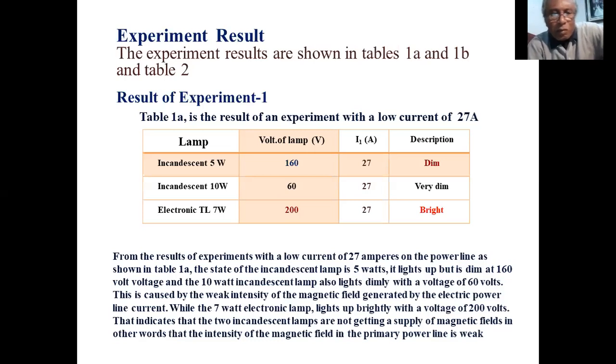This is caused by the wave intensity of the magnetic field generated by the electric power line current, while the electronic lamp gets 200 volts.